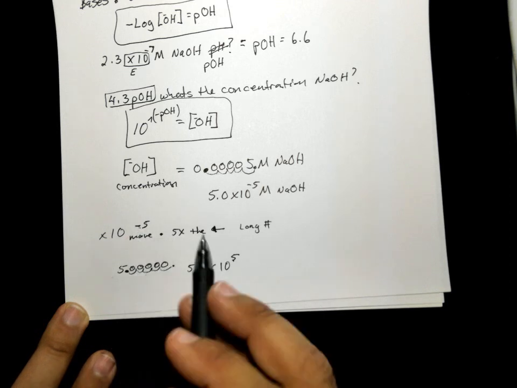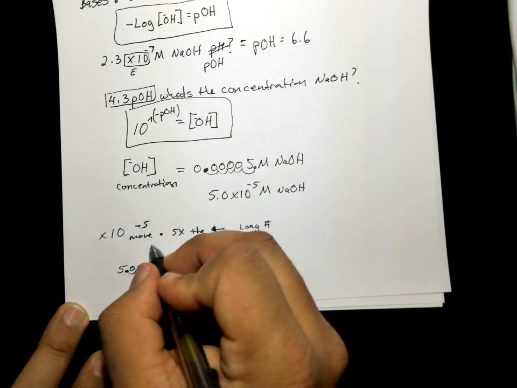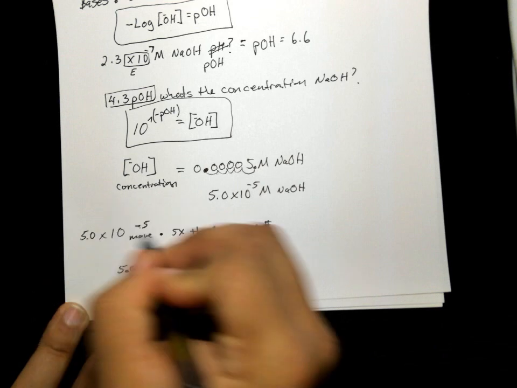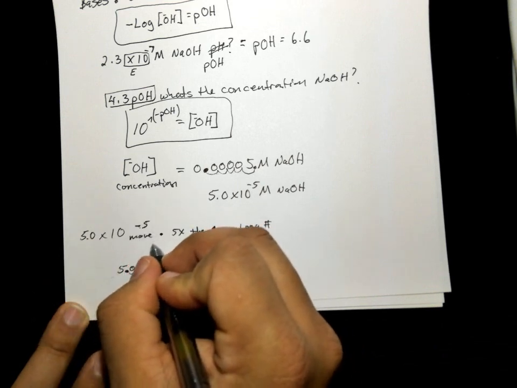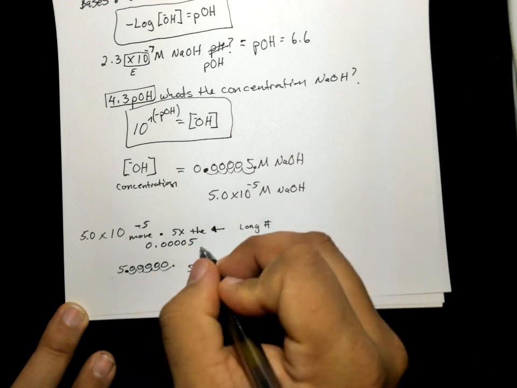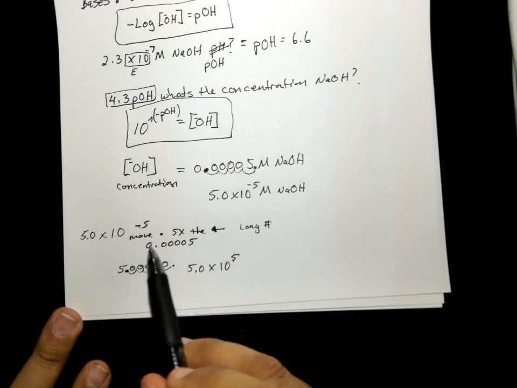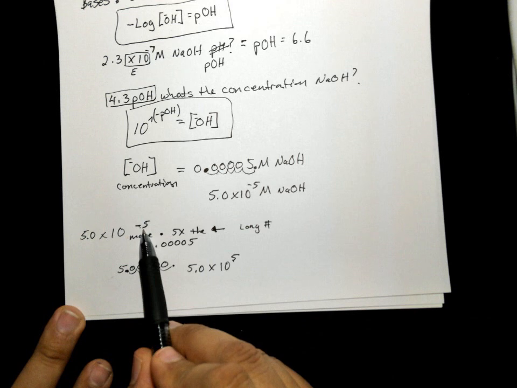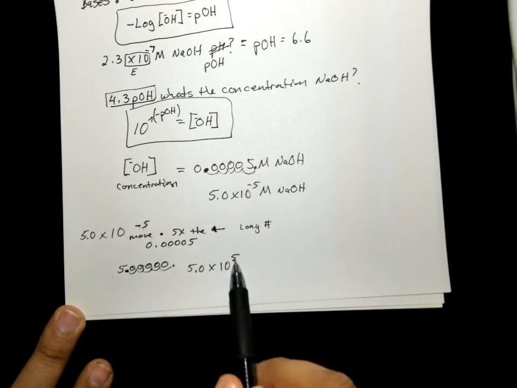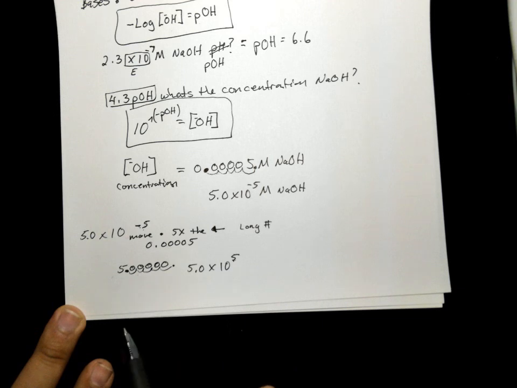A negative exponent means it's a small number. So in this case, if we had 5.0, that would be 0.1234 right there. So that's the difference between the two. A negative exponent means you come in from a small number. A positive exponent means you're coming from a big number.